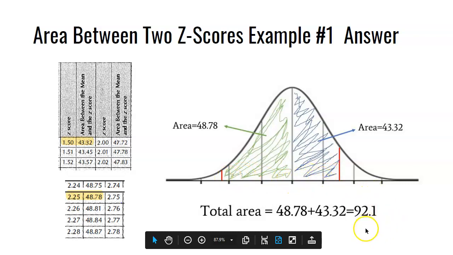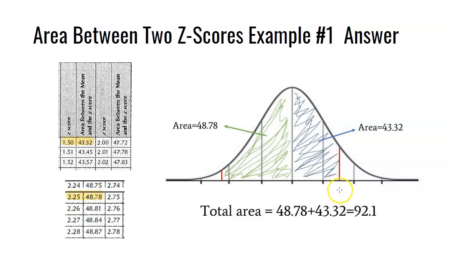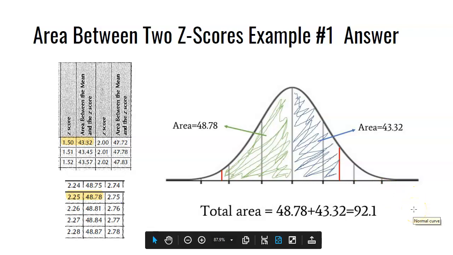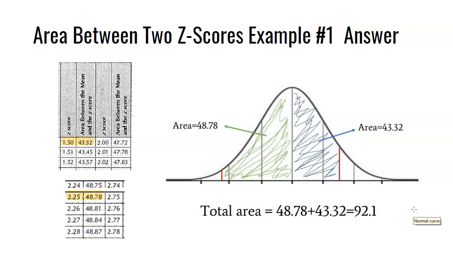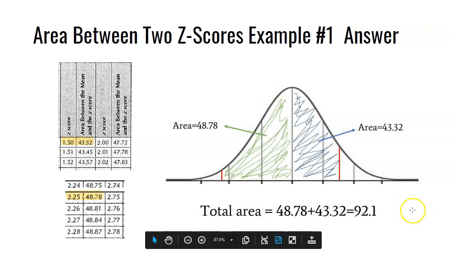So basically what this means is that if you randomly select somebody from normally distributed data, there's a 92.1% chance that they're going to be between negative 2.25 standard deviations from the mean and 1.5 standard deviations. That should be pretty intuitively obvious to you, because you know from the empirical rule that about 95% of observations will be between negative 2 and positive 2 standard deviations from the mean.